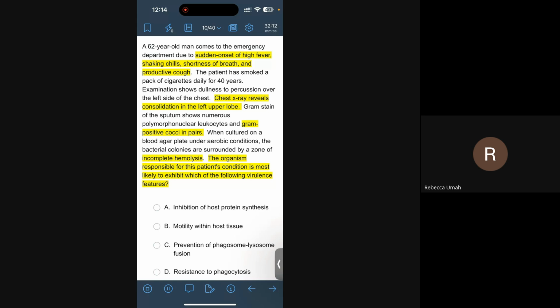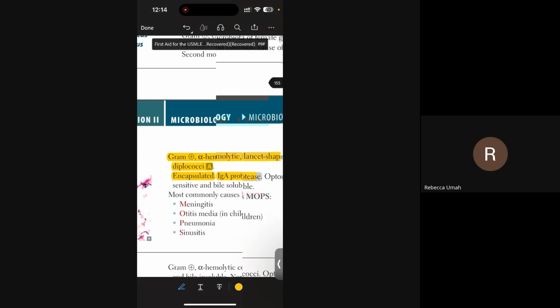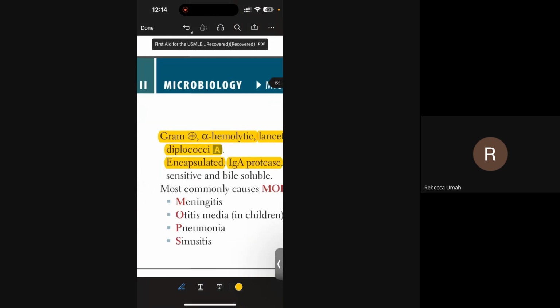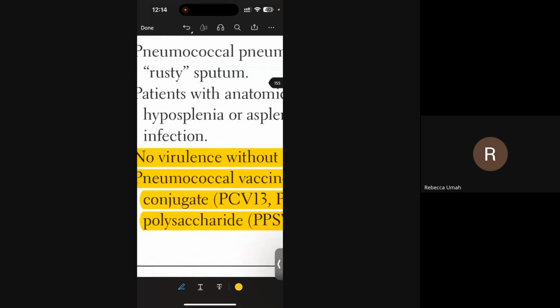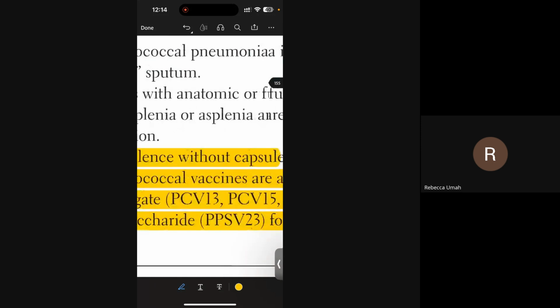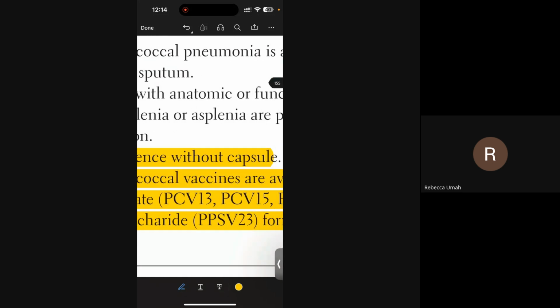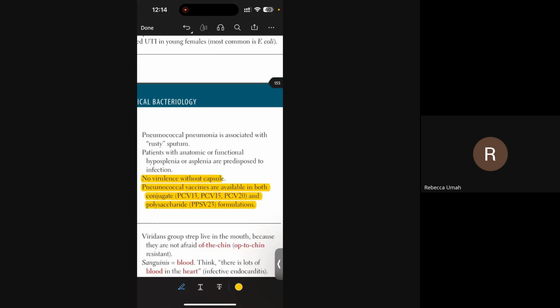Now coming to the virulence factor of Strep pneumo. The virulence factor is the capsule and IgA protease. There is no virulence without the capsule. So the main virulence factor here is the capsule.